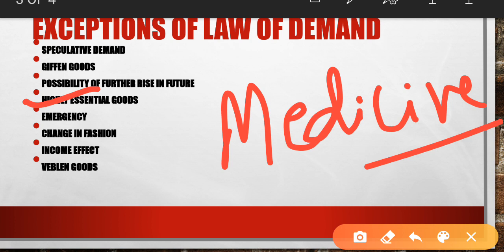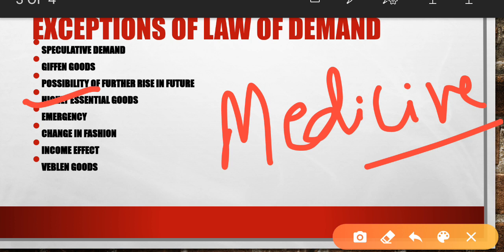So however much the price rises, the demand will not fall here. It has become costlier, but since it is your basic need, you cannot avoid it. Medicine is a very good example. Here it may so happen that the price has gone high, but the demand will not respond.